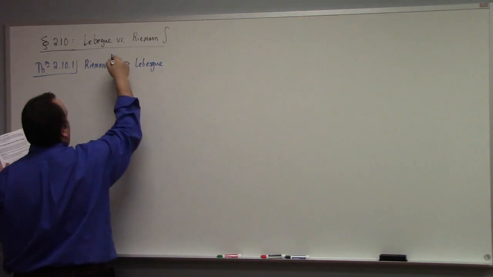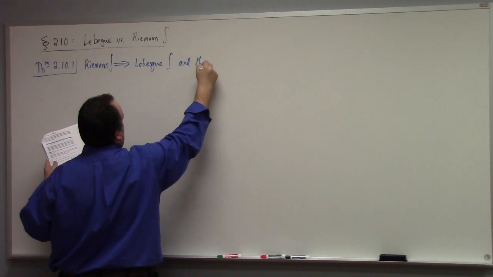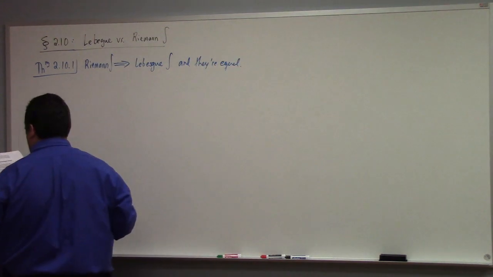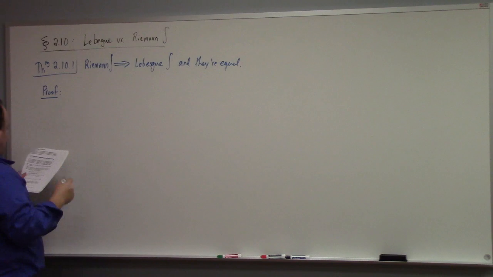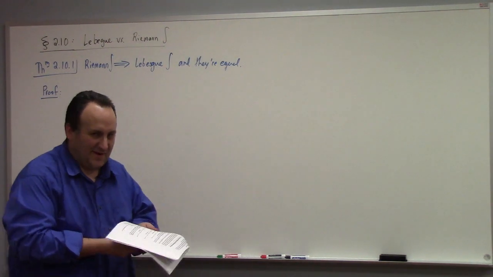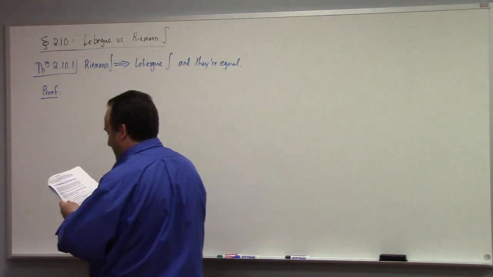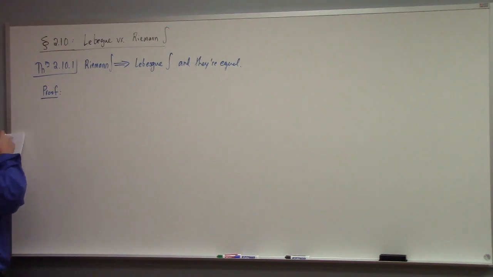If it's Riemann integrable, it's Lebesgue integrable, and they're equal. All right, as we study his proof, we'll come to some understanding of how he's defined the Riemann integral. That's my hope.